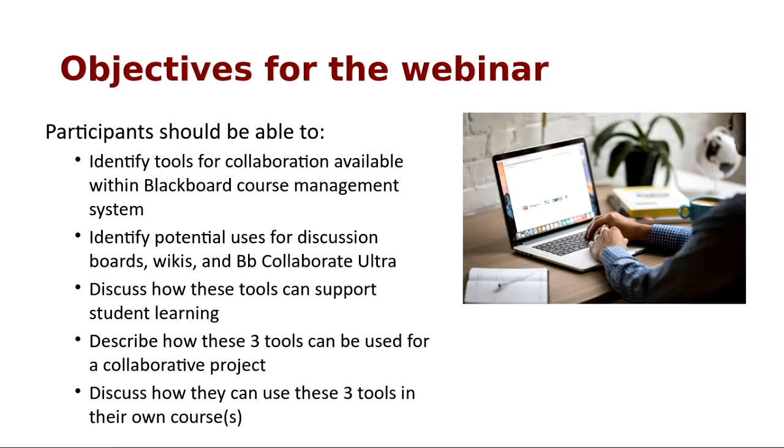Discuss how these tools can support student learning. Describe how these tools can be used for a collaborative project, and you will be able to discuss how you can use them within your own courses to accomplish your teaching and learning goals.